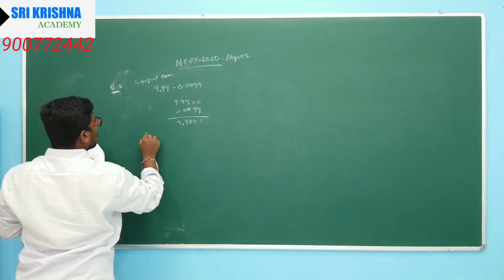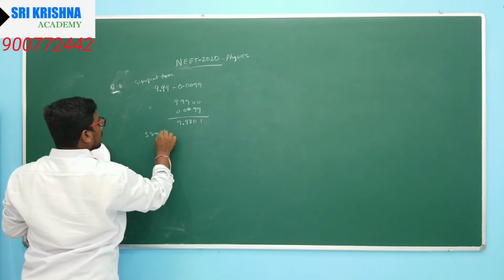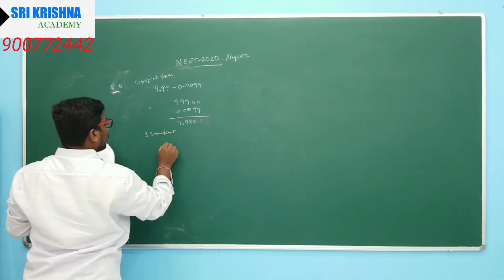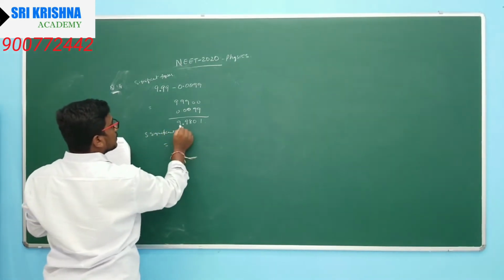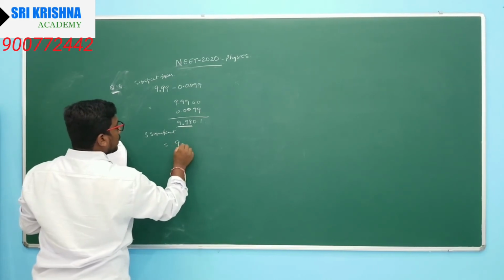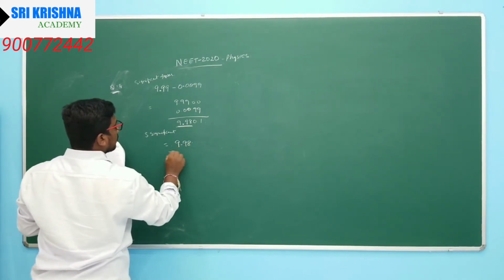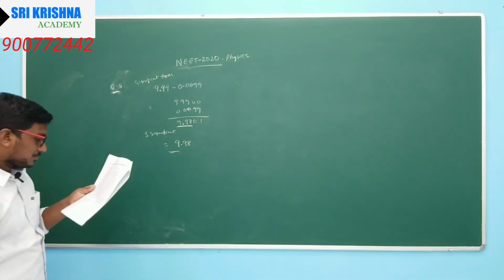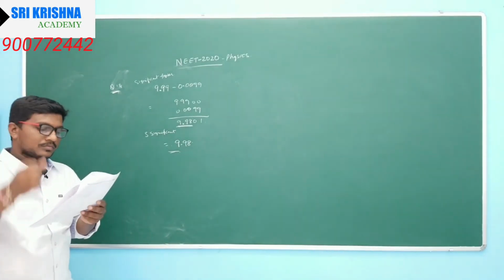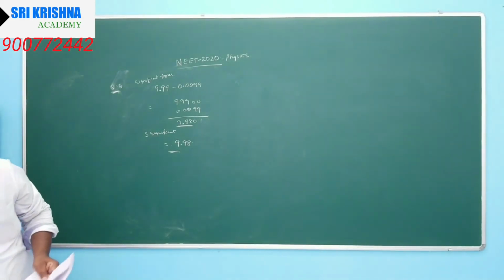We should consider up to 3 significant figures, so this will become 9.98. So this is the answer. Next.